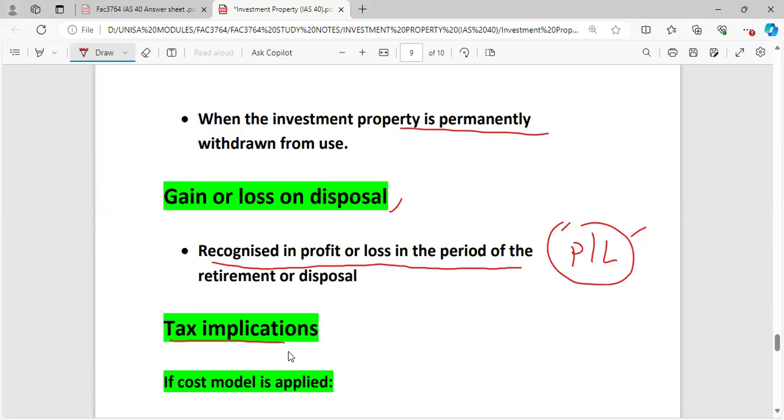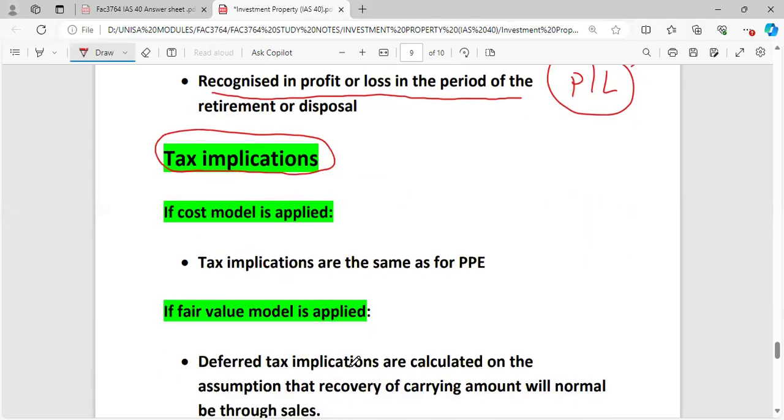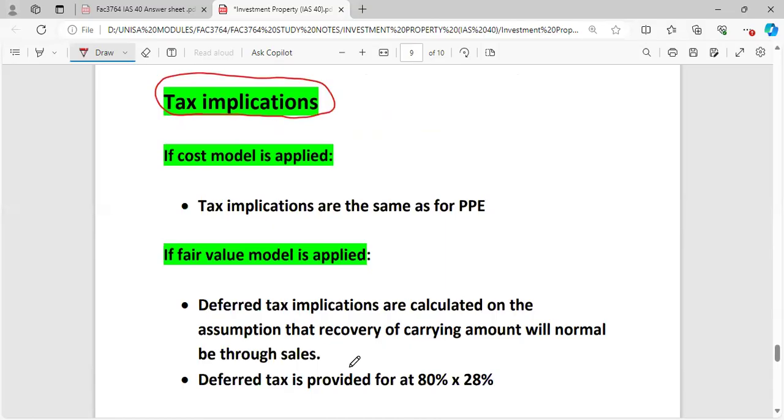Right, so let's look at the tax implication of the investment property. I want you guys to look at this part. That's the only difference between PPE and investment property. If it is investment property, we say we can only recover investment property through sale.